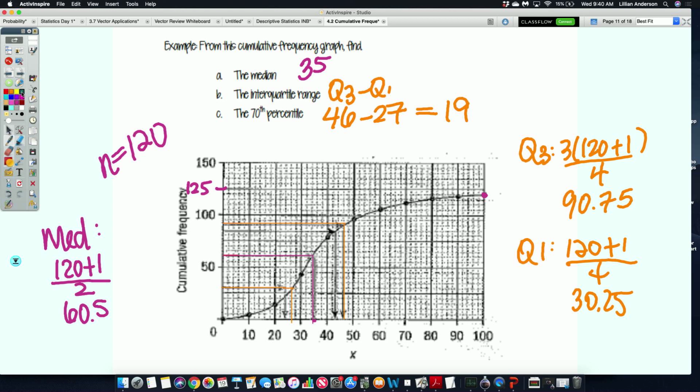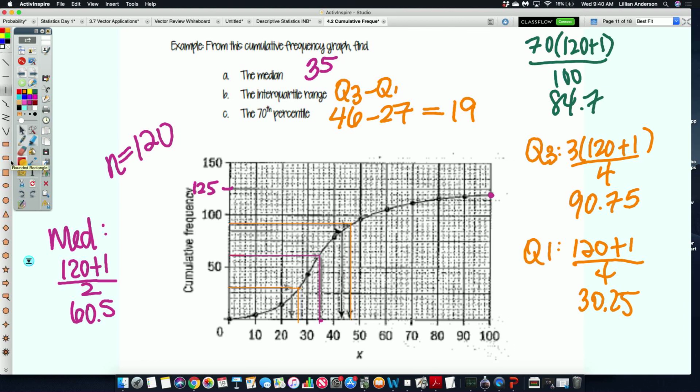Last but not least, my 70th percentile. The formula is P times N plus 1 divided by 100. So that's 70 times 120 plus 1 divided by 100. 84.7. That is not my 70th percentile.